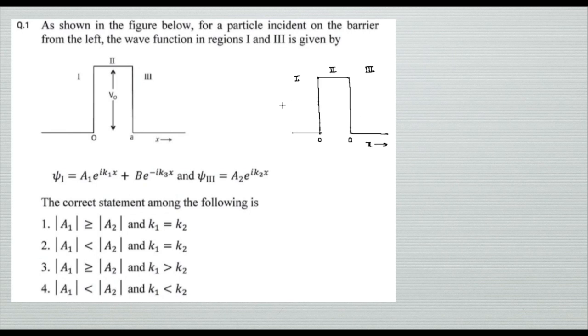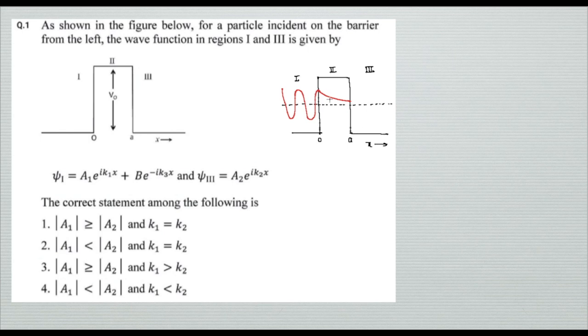So let me draw the mean direction of the particle. So this is the mean direction. If the particle wave is something like this, let's say it is propagating like this. Within this potential barrier, it is going to tunnel through it by exponential decay, which you know from the tunneling effect equation.